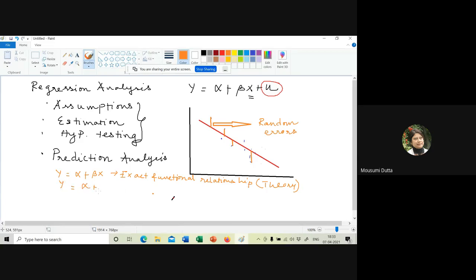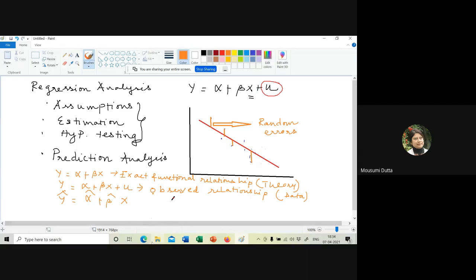However, this is the observed relationship which we are getting from empirical investigation, and then finally actually we will find this on the basis of our observed relationship.